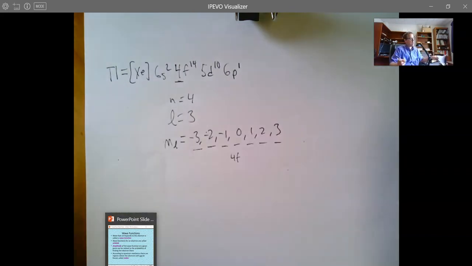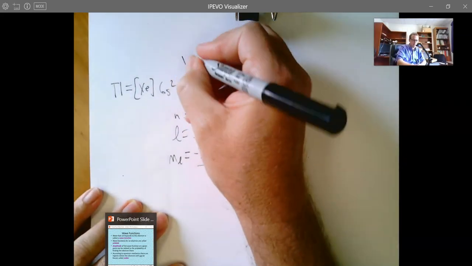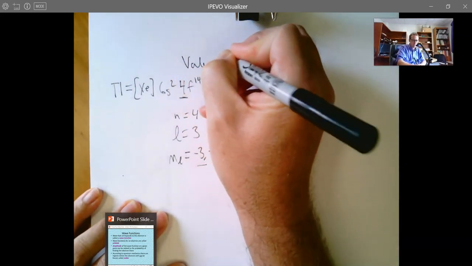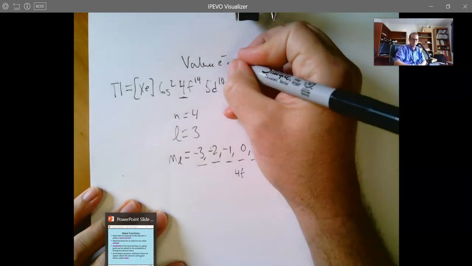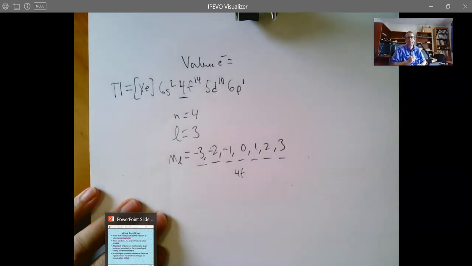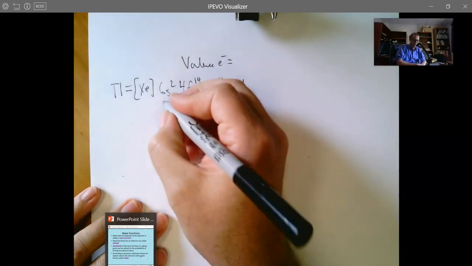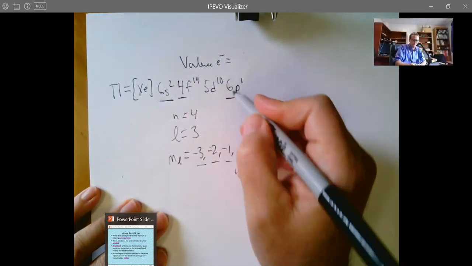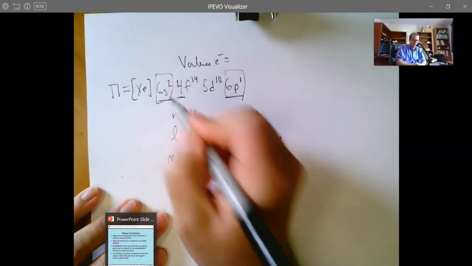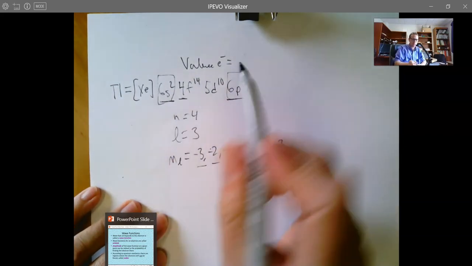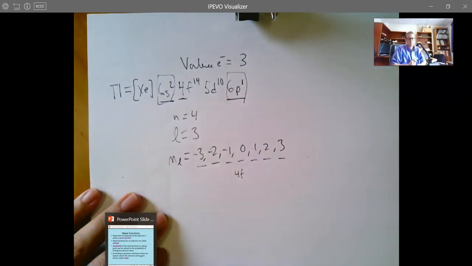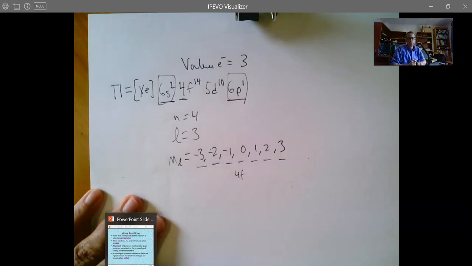All right, great. How many valence electrons are there? 3, that's right. We look at the ones that have the highest n value and identify the sum of those, so that's 3 valence electrons.